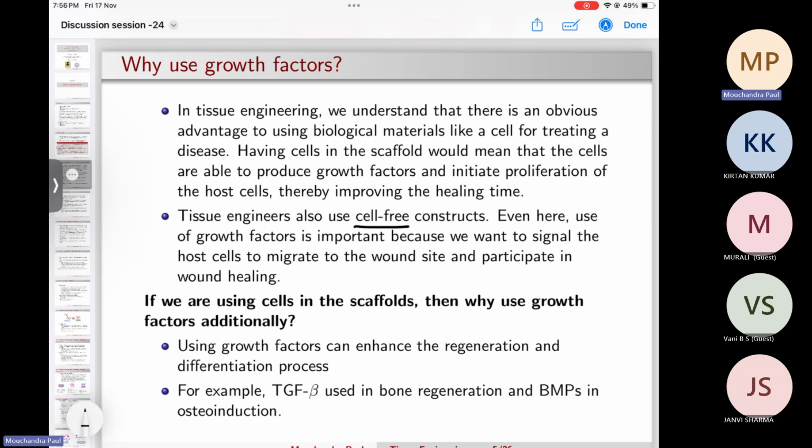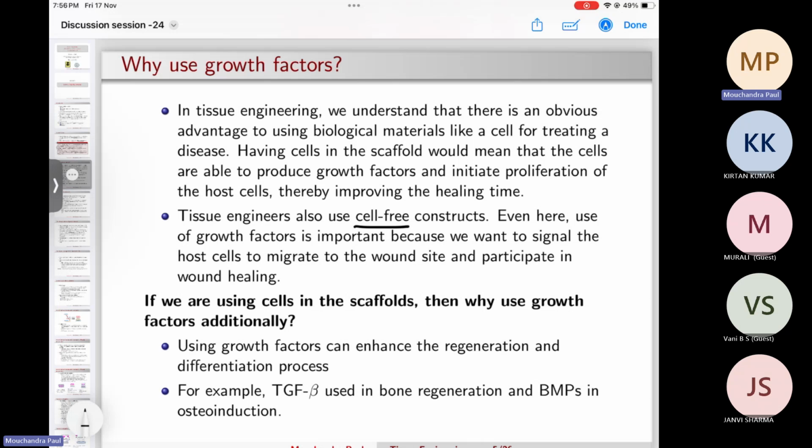If you supply growth factor, that becomes the signal, and it will diffuse to the nearby host tissue area and signal the host cells to come and adhere on the scaffold and improve the healing time. So the use of growth factors is essential, or at least helpful, when you are using only a scaffold for a particular tissue engineering purpose.